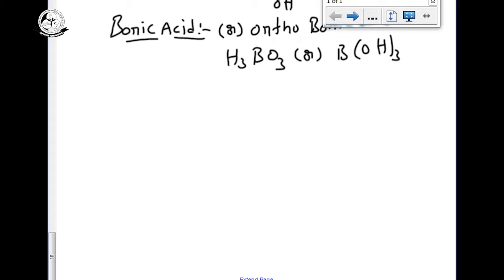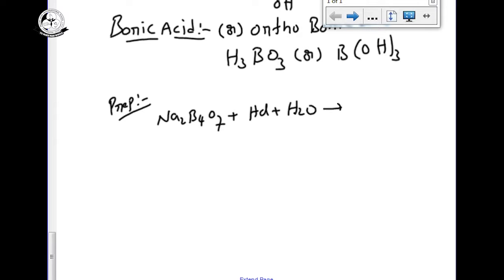So how to prepare this orthoboric acid? From the previous preparations, while writing some chemical properties of borax, Na2B4O7 on hydrolysis or reaction with HCl and water gives NaCl plus H3BO3, orthoboric acid.